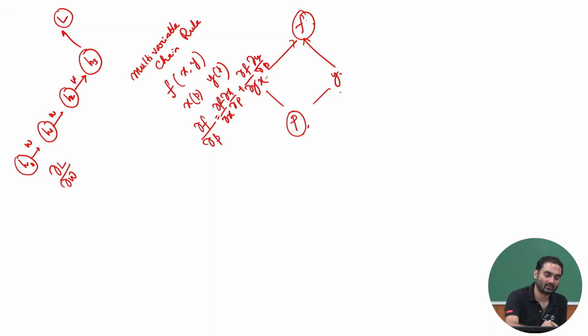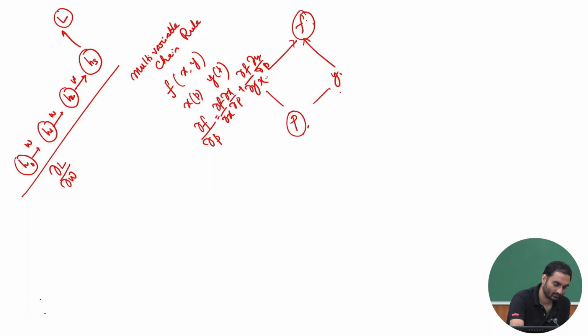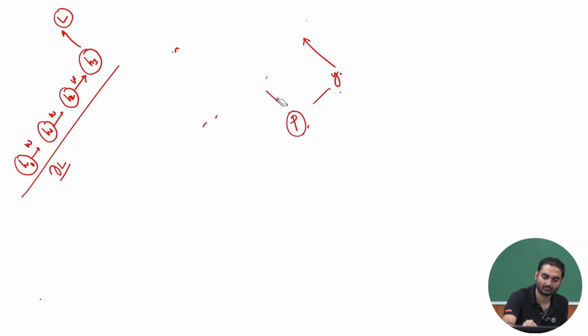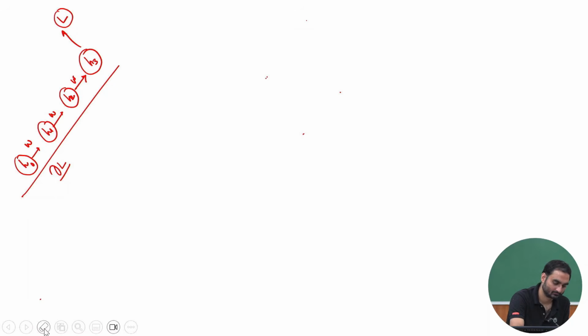Okay, now let's look at this network. Let's say you want to measure this derivative dL/dW. To do that, I first need to look at the dependence. The dependence is very important.